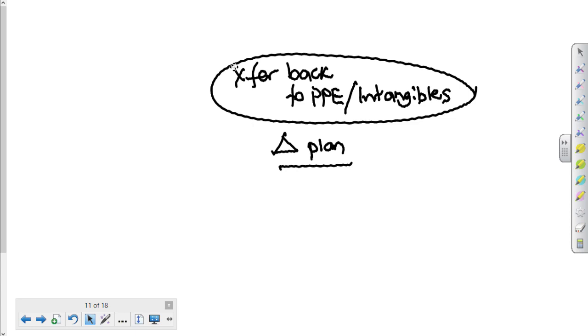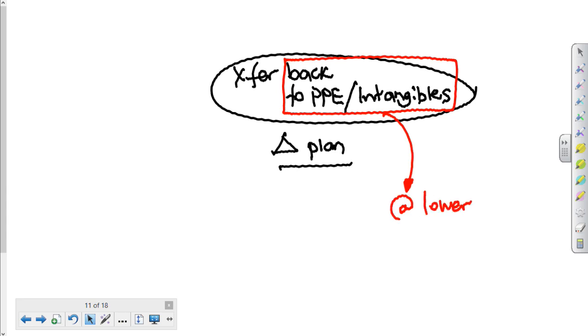But the rule when things go backwards, when I go back to PPE and intangibles, is that I go back at the lower of what the carrying amount would have been.